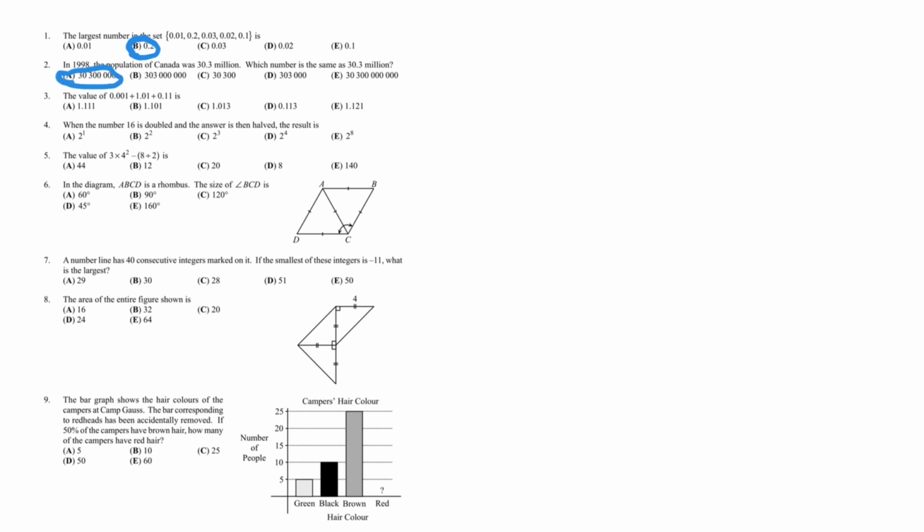Number 3, the value of 0.001 plus 1.01 plus 0.11 is: 0.001 and 1.01 and 0.11.